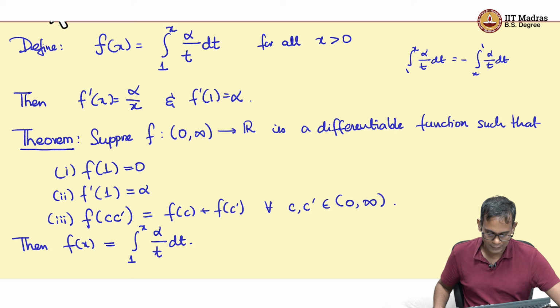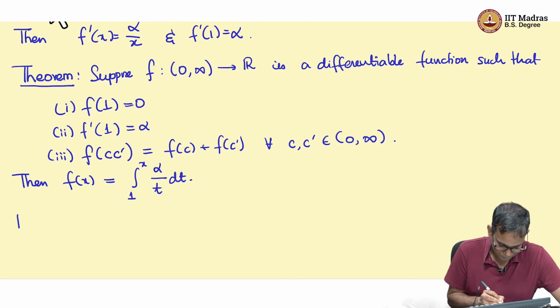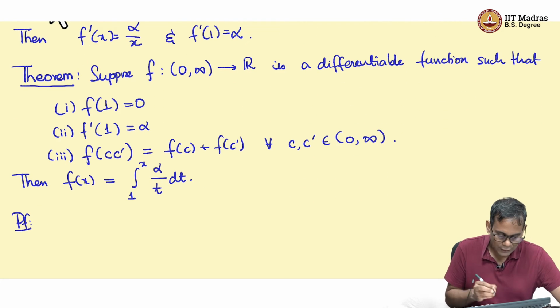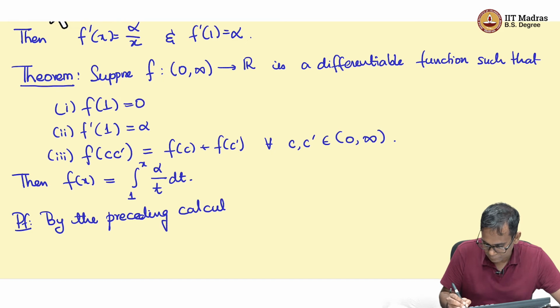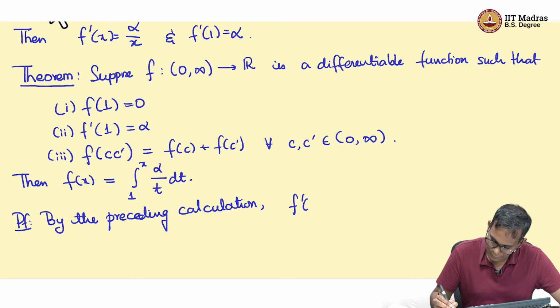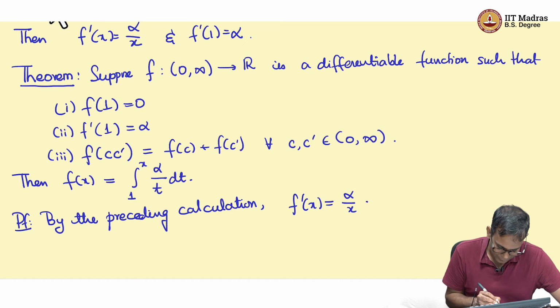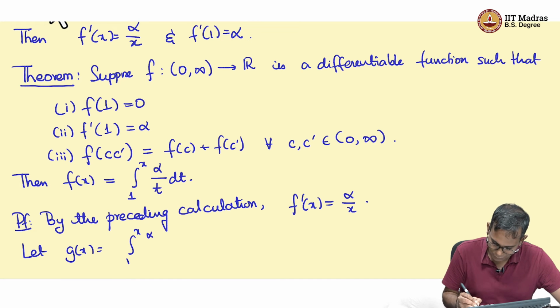Okay, so let us see how we can prove this theorem. The calculation that we just did says that if f is a differentiable function satisfying these properties, what we must have is f prime of x is equal to alpha over x. Okay. And so, let g of x be the integral from 1 to x of alpha over t dt.